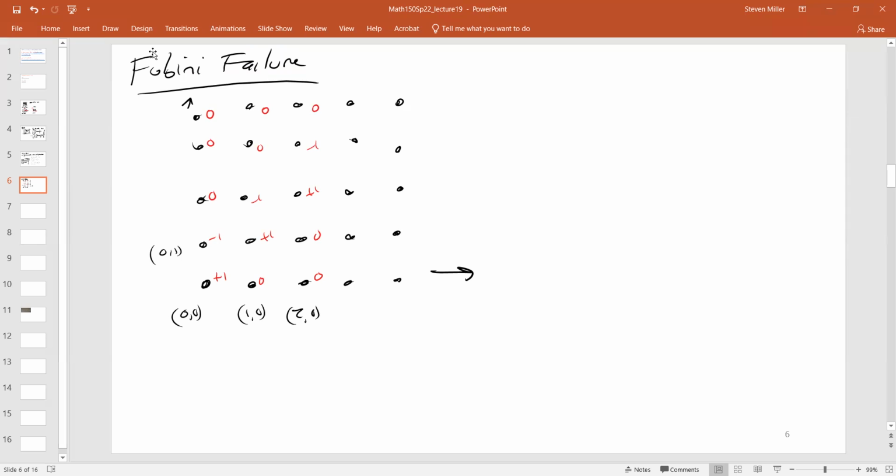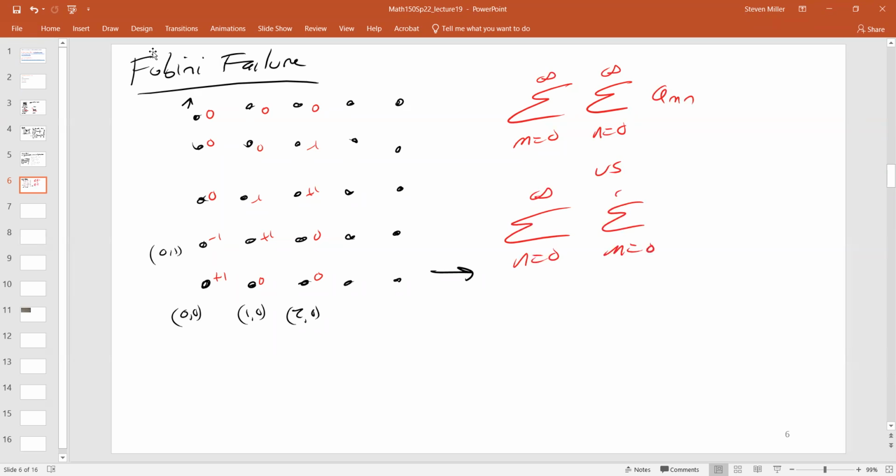So I want to study the sum, m goes from 0 to infinity, n goes from 0 to infinity of a_{m,n}, versus the sum, n goes from 0 to infinity, the sum m goes from 0 to infinity of a_{m,n}. Note the double sum over n and m of the absolute values equals what?